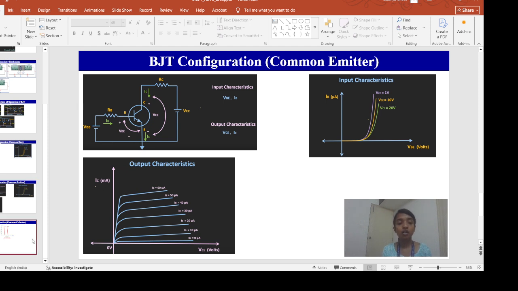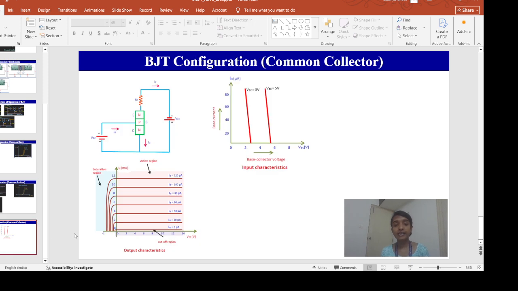Now coming to the common collector configuration. Here we are discussing all the configurations for an NPN transistor. In the common collector configuration, the collector terminal is common between the input side and the output side, and the collector will be grounded.